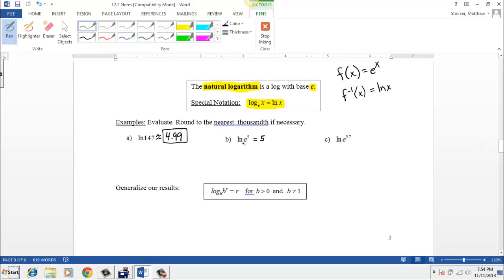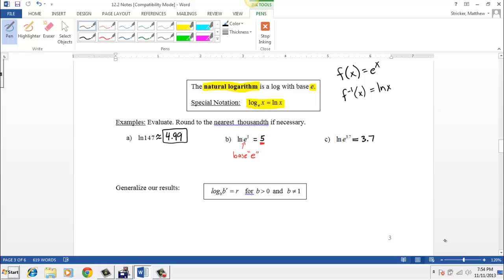Or, remember, what's the base here? This is base e, right? Base e. E to the fifth power, remember the log gives the power, e to the fifth power gives us e to the fifth. Or e to the, example C here, e to the 3.7 power gives us e to the 3.7.